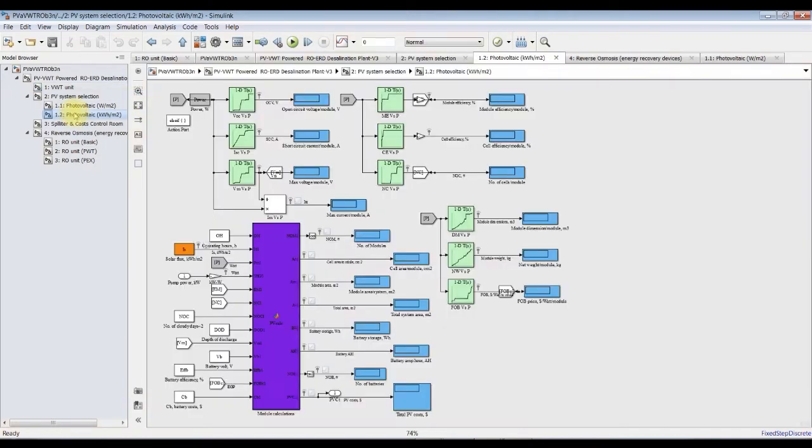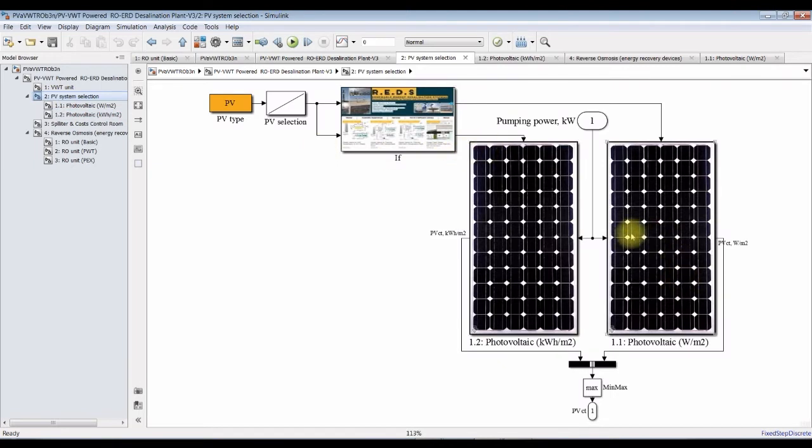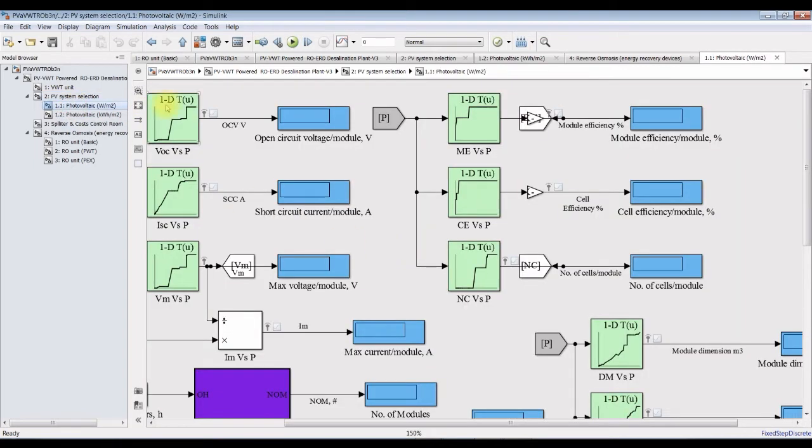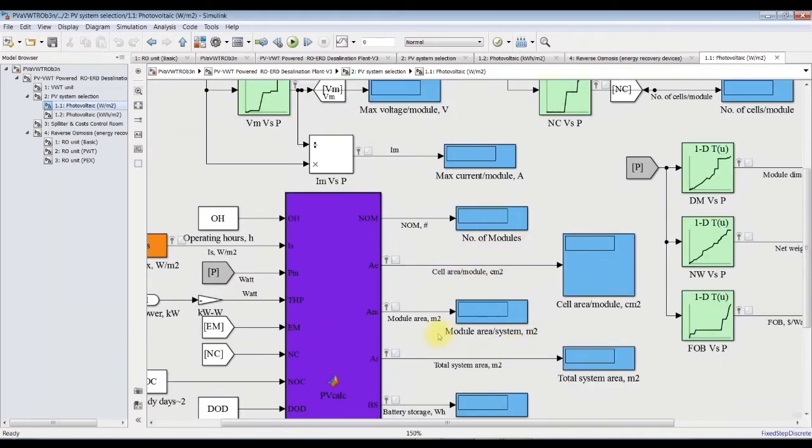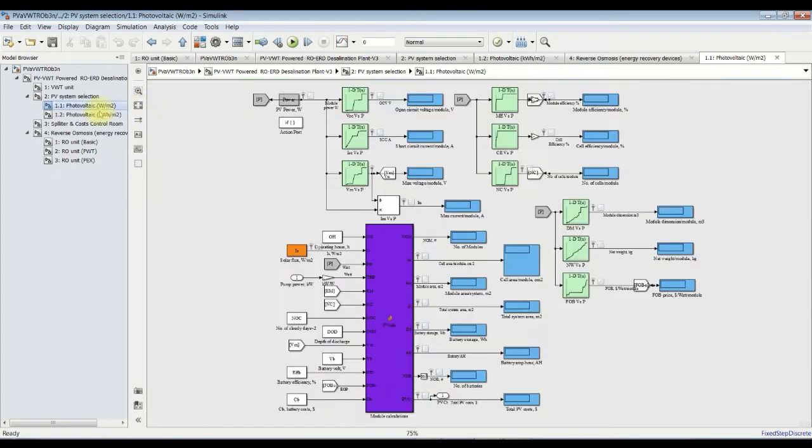For the photovoltaic system we have two modules, instant and the other one. As you can see here, we can calculate number of modules, cell area, module area, total system area, and so on, and the same for both modules.